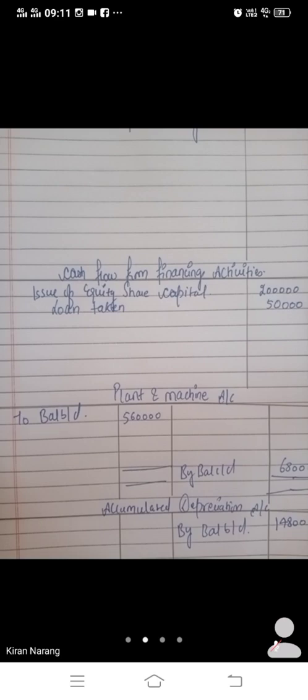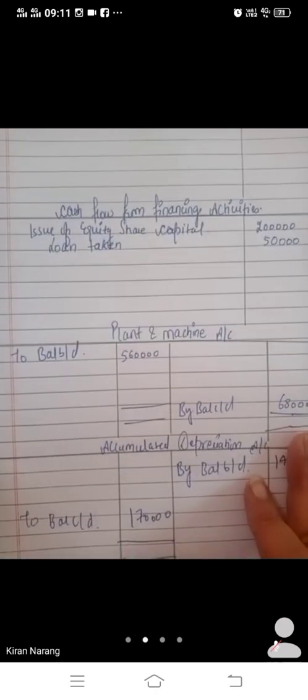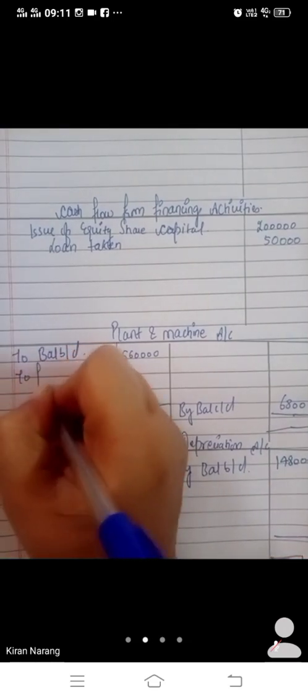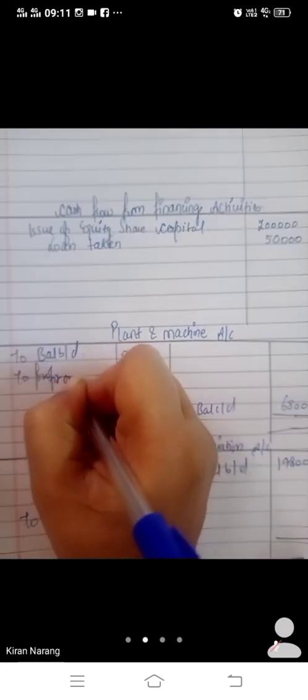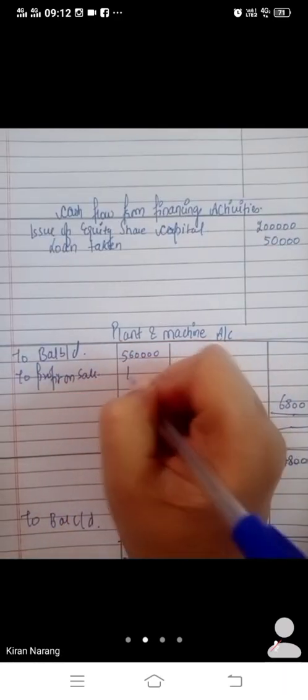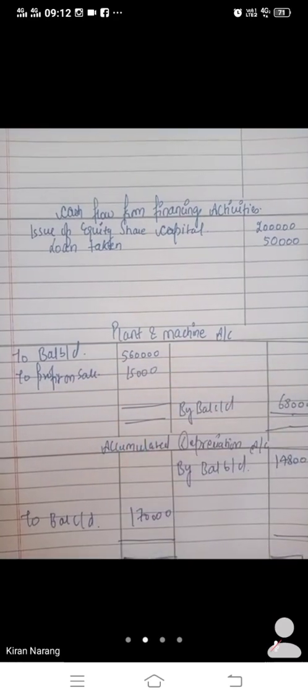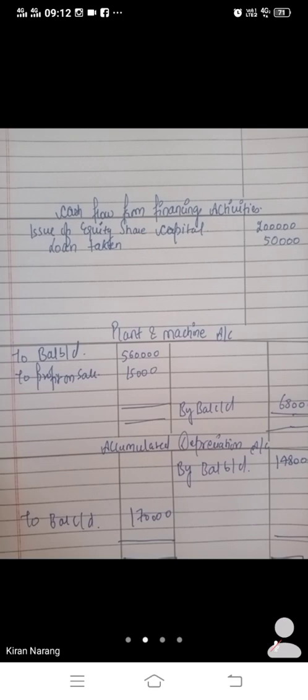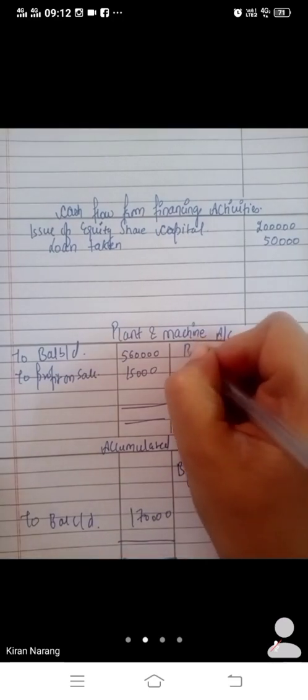Then additional informations are given. During the year, a machine costing rupees 1,20,000 was sold at a profit of 15,000. So here you will write the profit on sale. Profit on sale was 15,000. Now for how much have we sold?